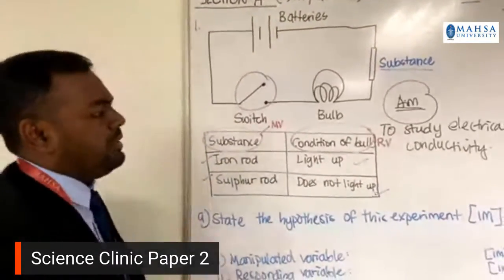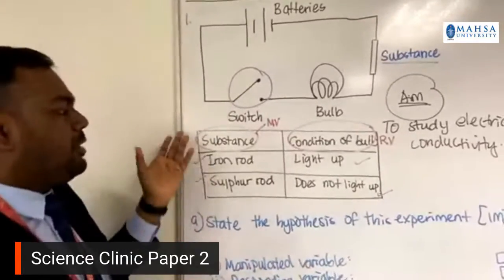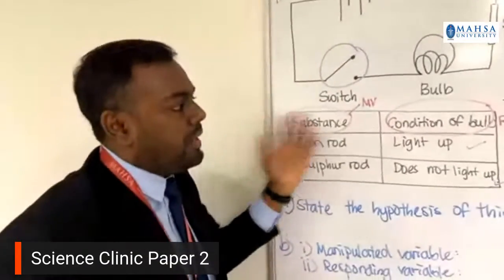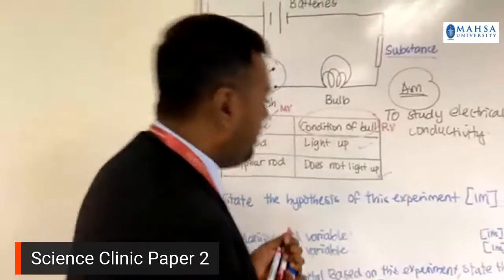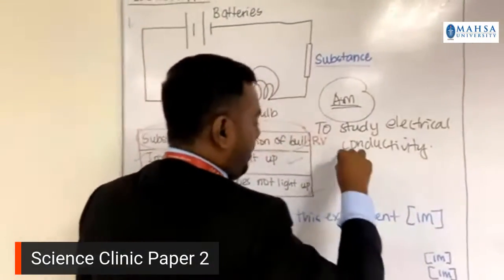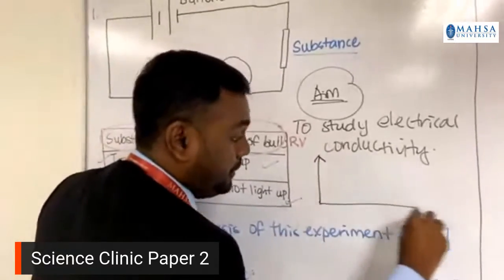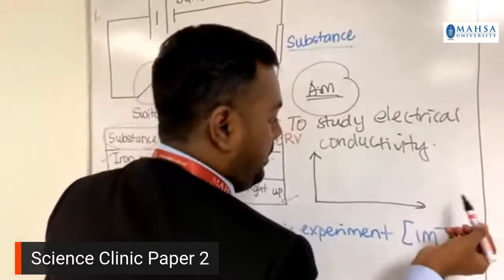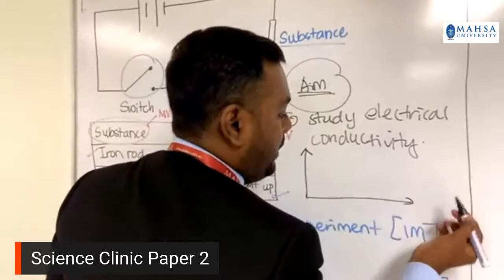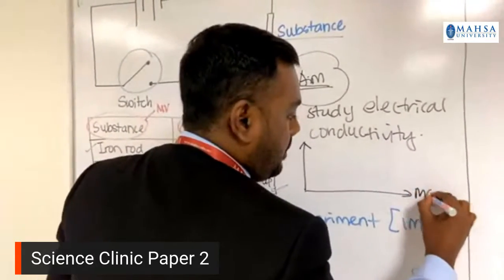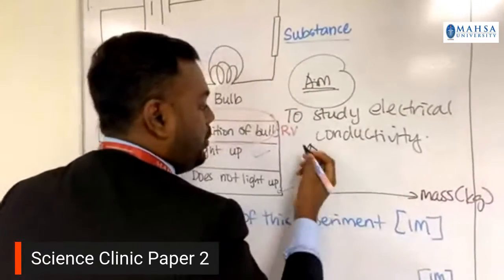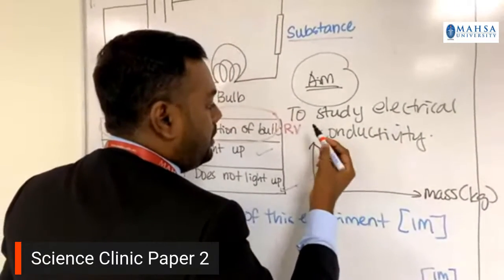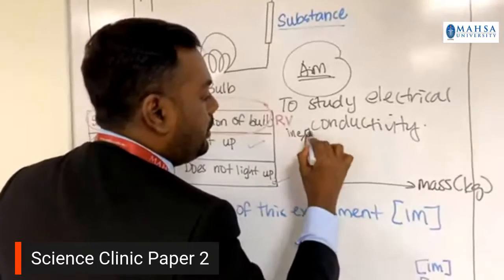Okay, you must be wondering, sir, most of the time we don't get a table, we get a graph. How are we going to get the answer? No worries, it's very simple. Let's say you have a graph with mass in kg, and here we have inertia.